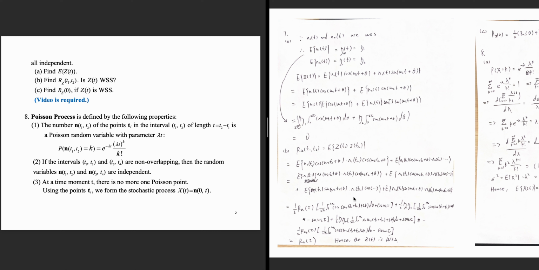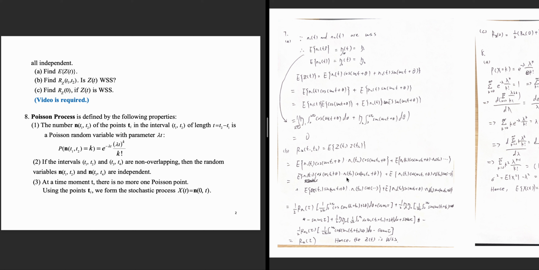Let's judge whether Z(t) is WSS, and this process is very similar to sub question A. We just use R(t1, t2) to represent the N1(t1) cosine and N1(t2) cosine, plus the N1(t1) cosine and N2(t2) cosine, and we can separate this into 4 parts.